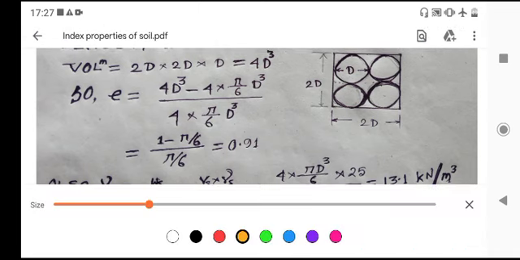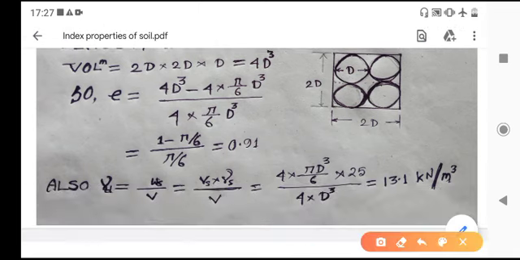By simple mathematical calculation, we get e equals 1 minus pi by 6 by pi by 6. So void ratio equals 0.91.